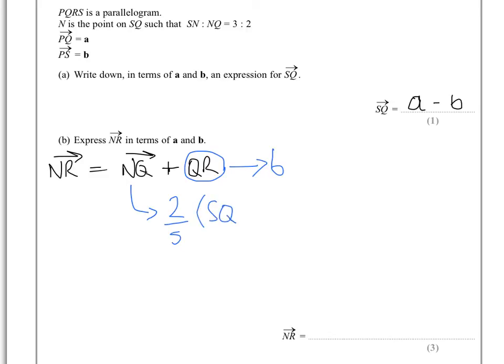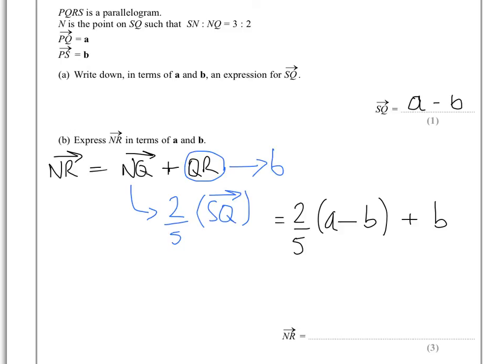Now SQ we actually worked out in the previous question, as we can see here, A minus B. So that equals 2 over 5 of A minus B. We have to remember there's the B that we need to add on, this B here, so let's just put that in now so that we don't forget it, plus B.